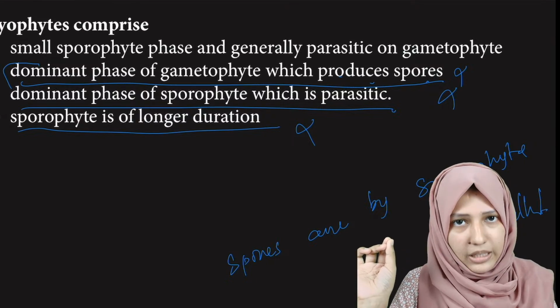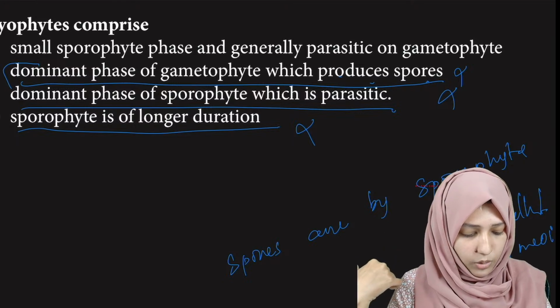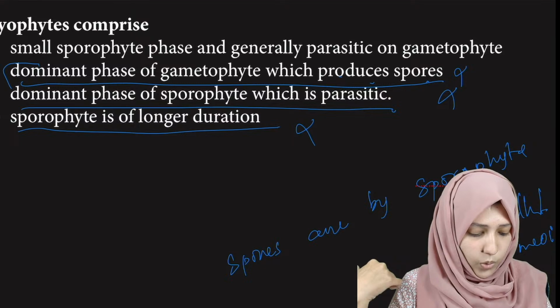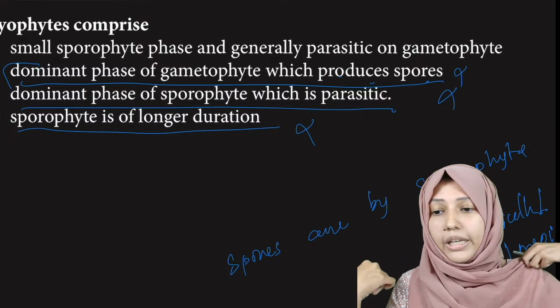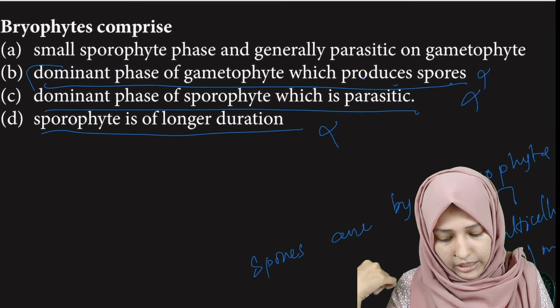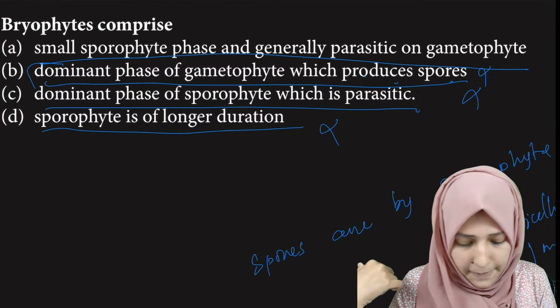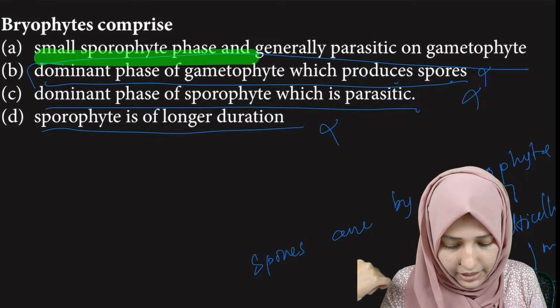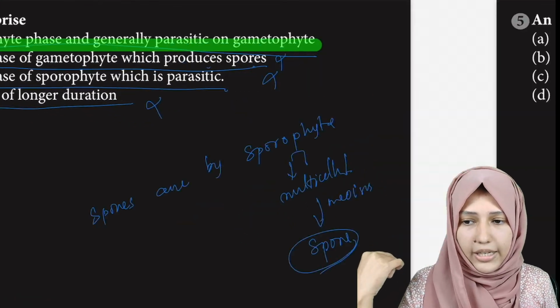This multicellular body again undergoes meiosis and forms the spores. So the sporophyte is the one producing spores, not the gametophyte. So it was a confusing statement, and the right answer is a small sporophyte phase which is generally parasitic on the gametophyte. So option A is the right answer.